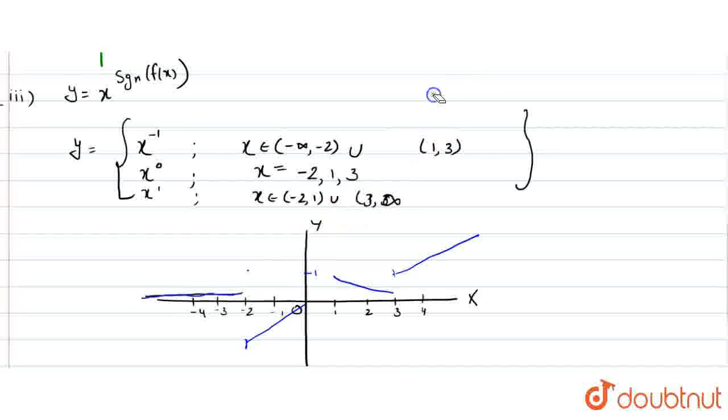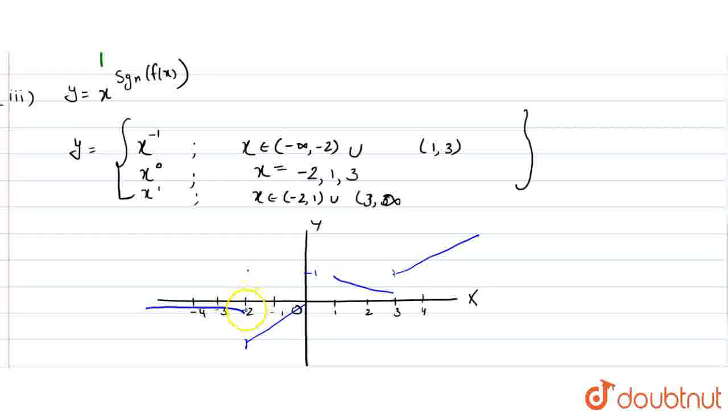Here it should be, because it's for the negative values of x, the graph would be like here. So it's something like this.